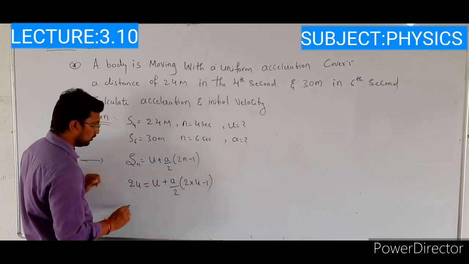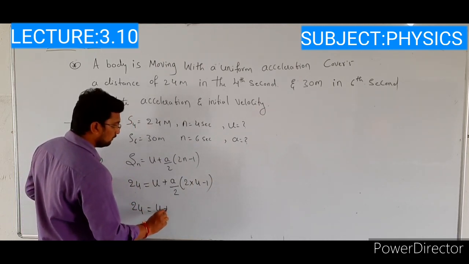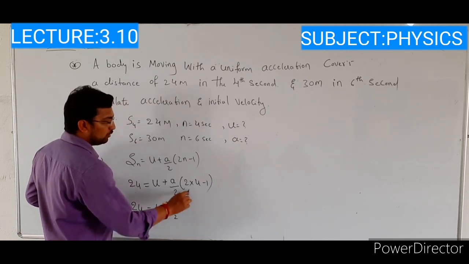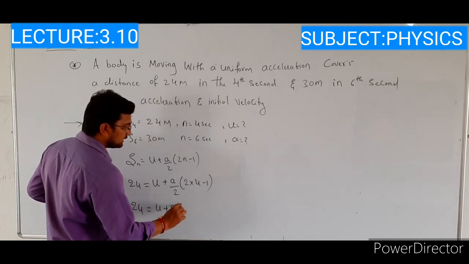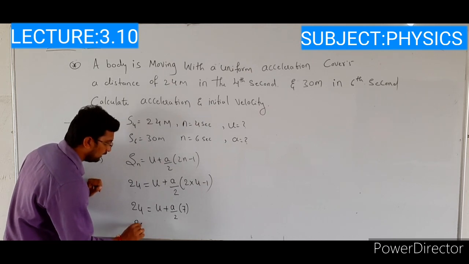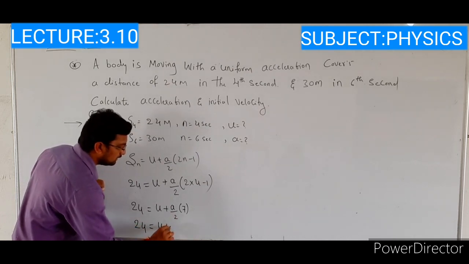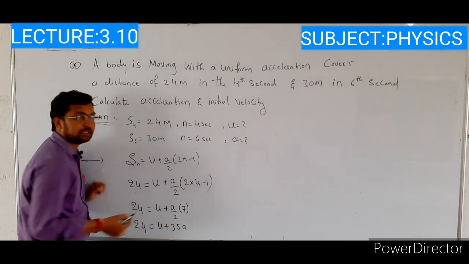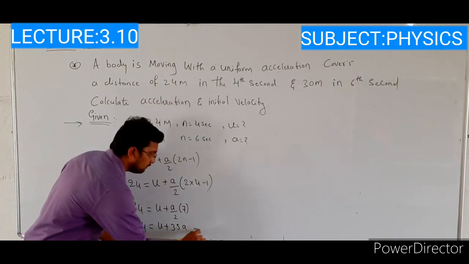So 24 is equal to u plus a by 2 into 2 into 4 is 8, 8 minus 1 is 7. This is equal to 24, that is equal to u plus 3.5 into a. 7 by 2 is nothing but 3.5. So this is the expression number 1.